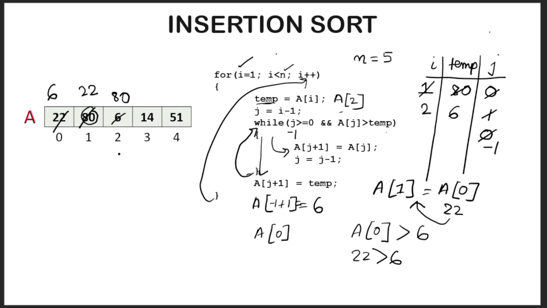So we have seen how this algorithm is working. So first we checked the 6 with value 80. Then we checked it with 22. It was greater, so we shifted this 80 here, shifted this 22 here, and then in the end we shifted this 6 at this position.